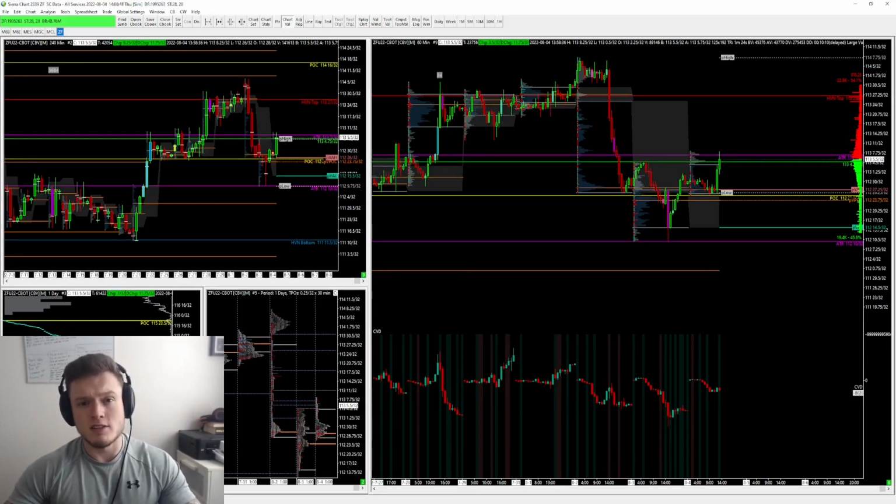I moved more into indicators, trying to find a system that worked like an algorithm, if you like, with different trading indicators, and that's actually where me and Roberts bumped into each other and started working together. I've since drifted away from indicators, just trying to actually trade price action, which I've managed to find some success with. It does take a little bit more to learn. It's a discretionary strategy at the end of the day, so it can be a little bit more tricky. But again, if you have set rules in place and you know what you're looking for, then it can be quite successful. So just to take you through a few things with order flow trading.